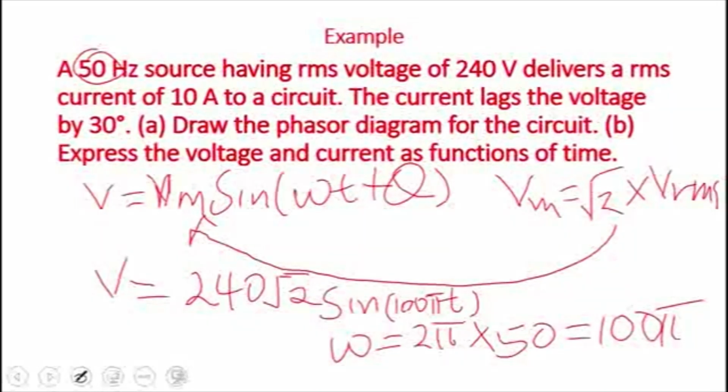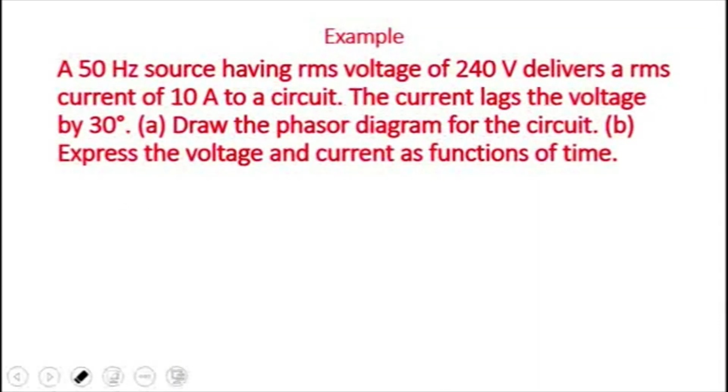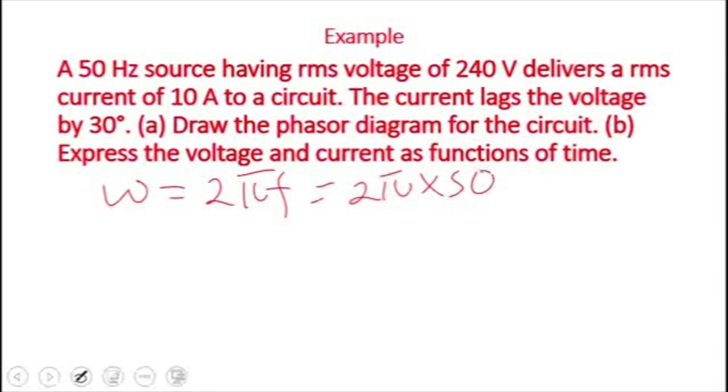And we can apply the same thing to the solution for the current as a function of time. So omega we knew to be 2 pi f, and the frequency here is still the same, so that is 2 pi times 50, and that will give you 100 pi.